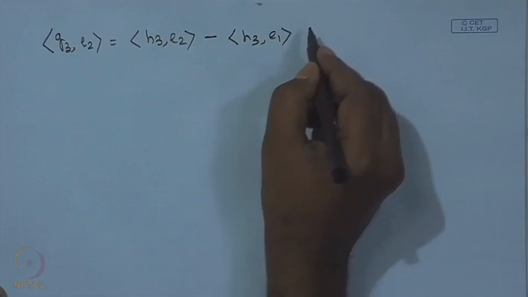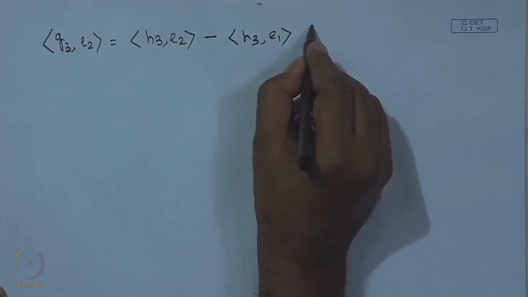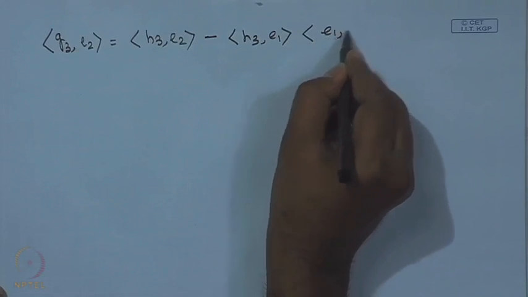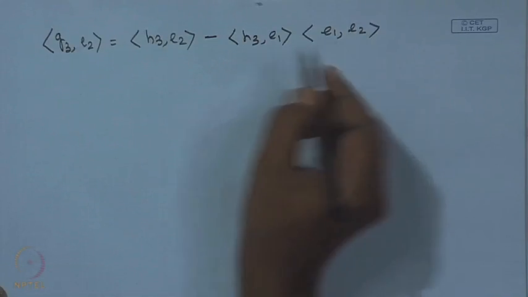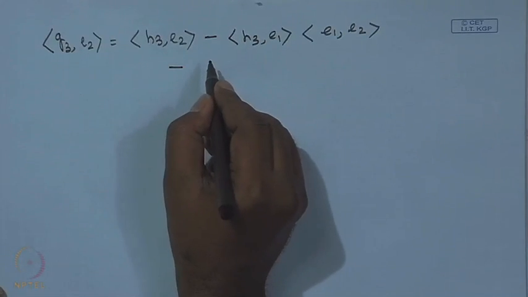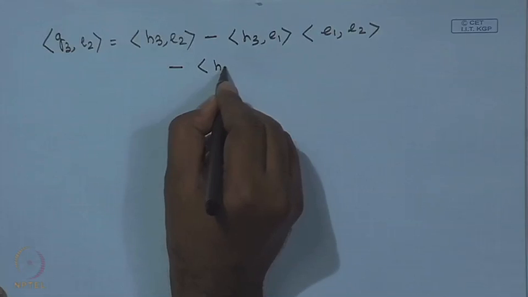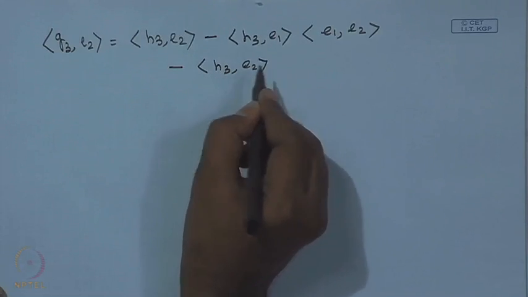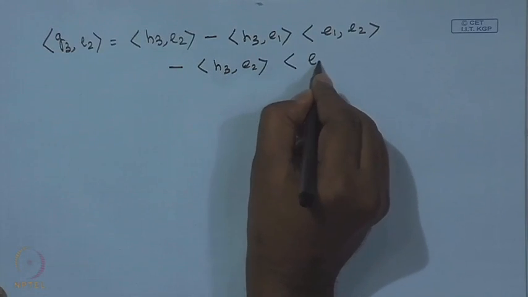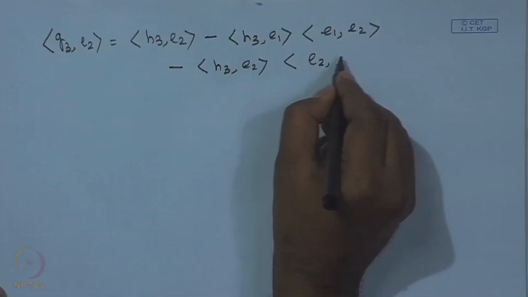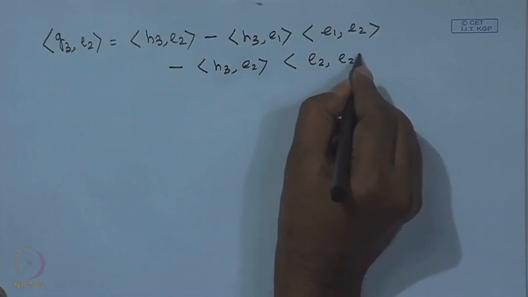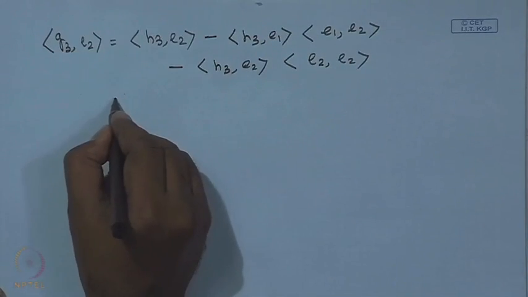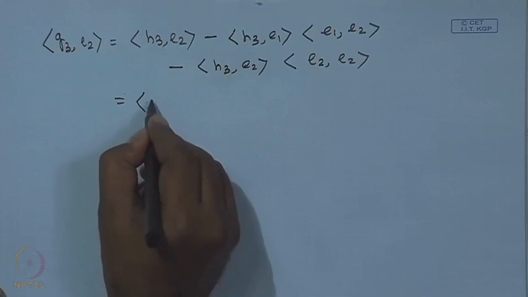So, this will be inner product between H3 and E1 multiplied by inner product between E1 and E2, minus inner product of H3 and E2, being a scalar, will be taken out, and this will be inner product of E2 and E2.